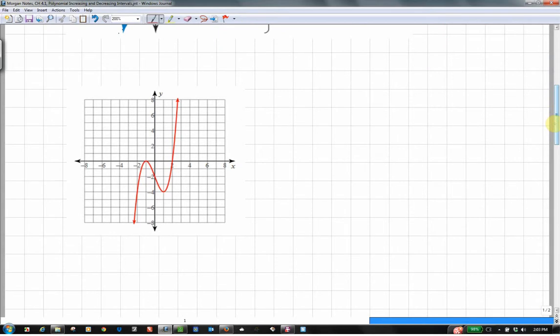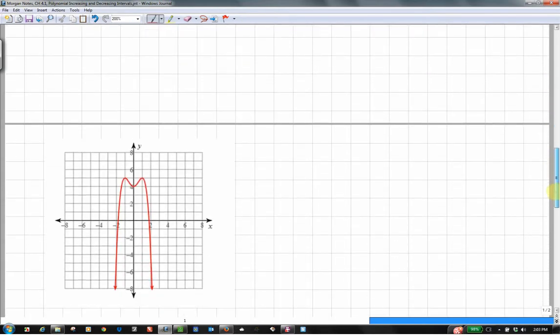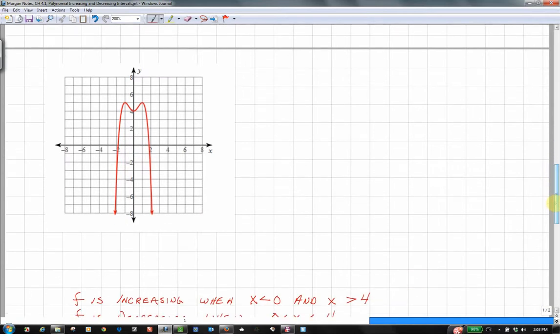Okay, so once again, let's see if I have one that's a little bit different shaped. Here's one. So I'm coming in from the left, and so I'm going to be increasing. Anything on this side, I'm going to be increasing. I'm going actually up. And that would be for values where x is equal to negative 1.